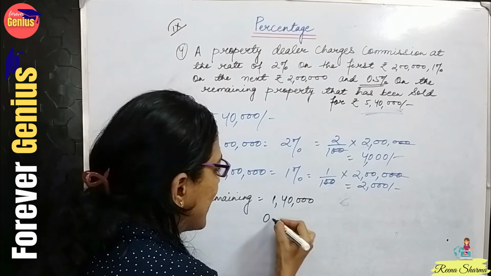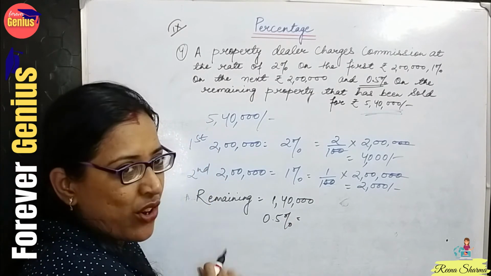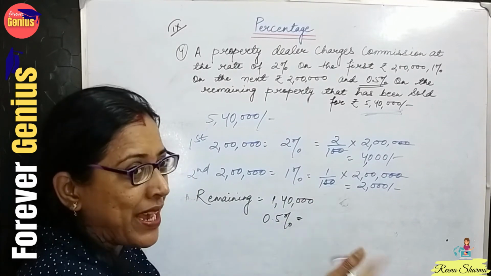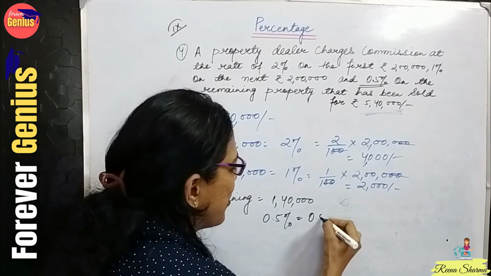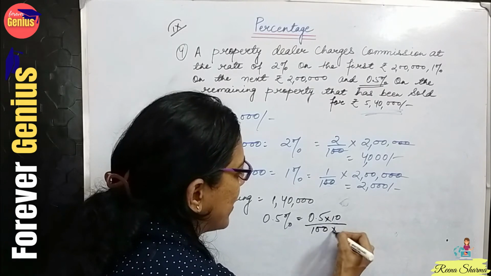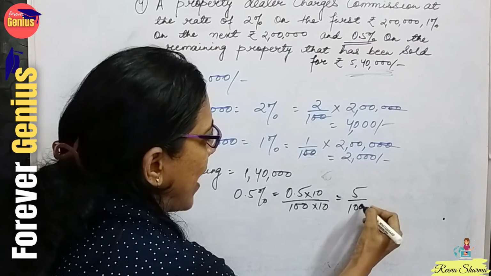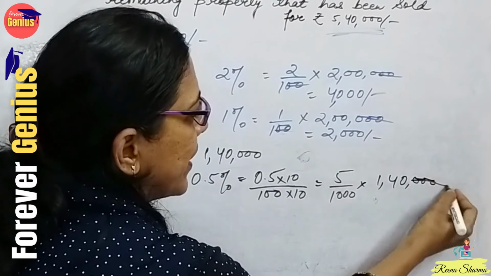And for that it is 0.5%. Again ma'am, decimal. But no ma'am, now we are not scared. We know that we have to remove the decimal by multiplying it with 10. So 0.5 by 100 into 10 by 10, so this is equal to 5 by 1000 into 1,40,000. 3 zeros cut.